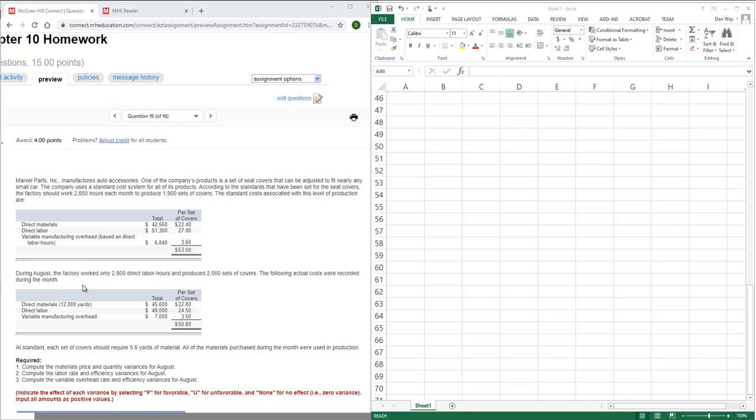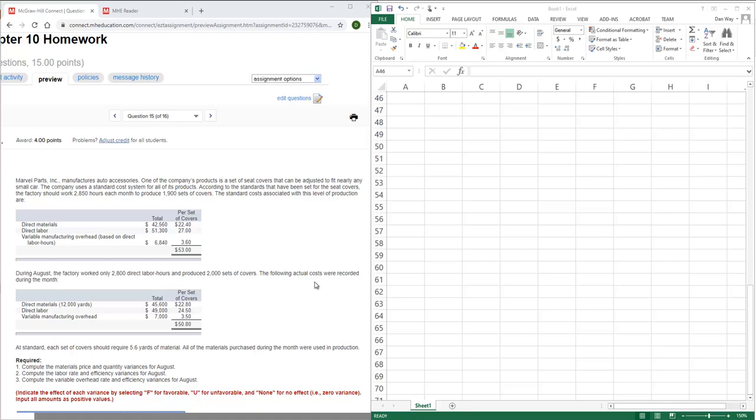During August, we know that the factory worked only 2,800 hours and produced 2,000 sets of covers. So right there, I'm just going to pause to make sure we're clear. That's a different level of actual output compared to what was expected here of 1,900 sets of covers. So we're going to make sure we account for that difference.